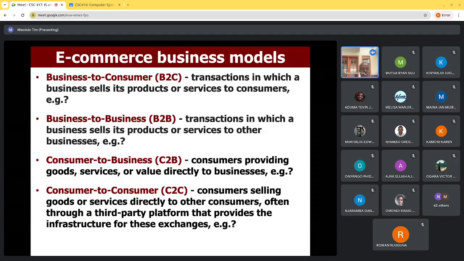Will I do strictly B2C or B2B or a combination thereof? Or am I in this business of C2C, in which case I'm creating a platform where customers can come and sell to other customers.